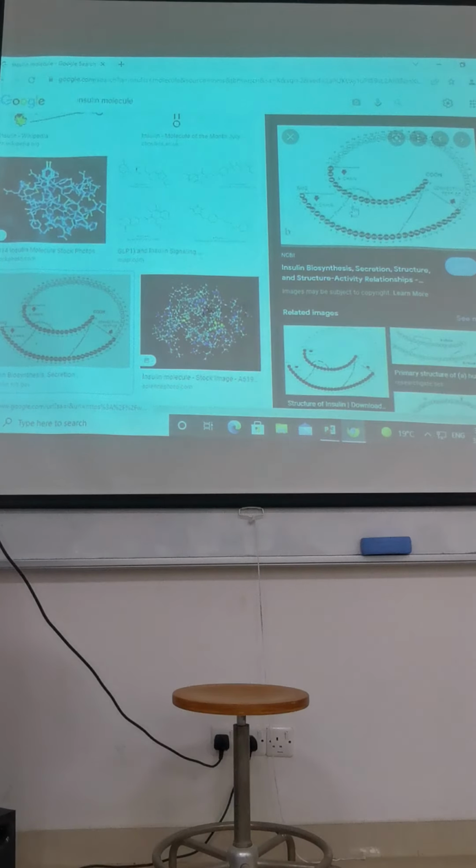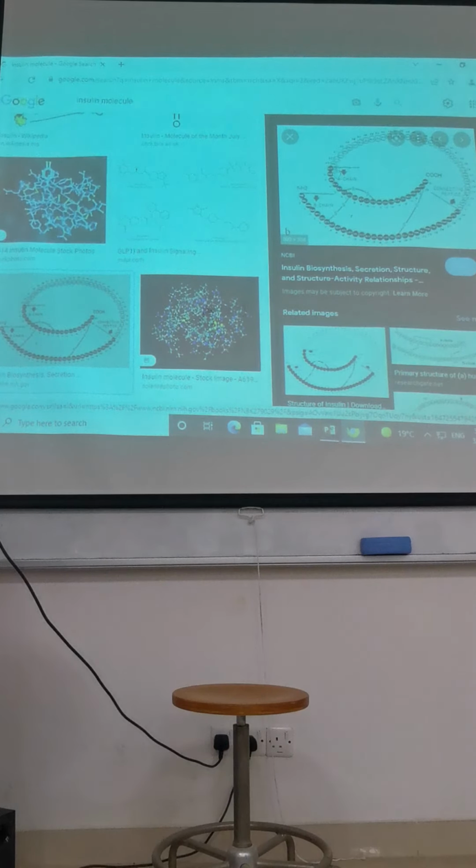Now you see this diagram? C-peptide issue. So amino acids, all amines, right? So I can make it like one line. Now, normally this all is produced, then you cut from this part and you cut from this part.